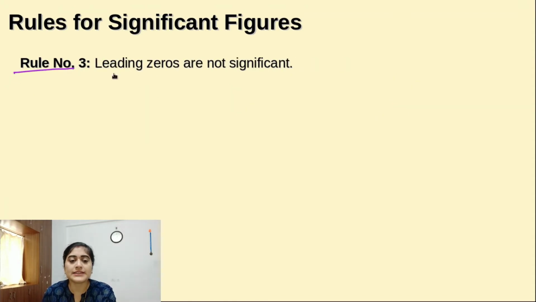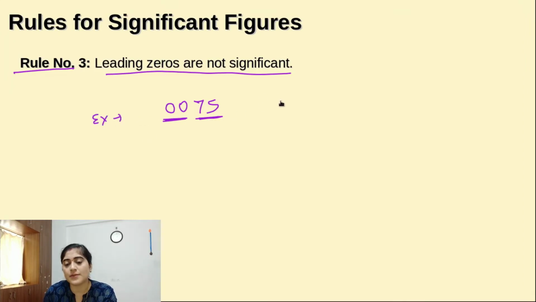Rule number 3 is that leading zeros are not significant. Leading zeros means zeros at the start of a value, like 0075. These 2 zeros are not significant; the last 2 digits are significant digits. Suppose I give another example, 0.320.